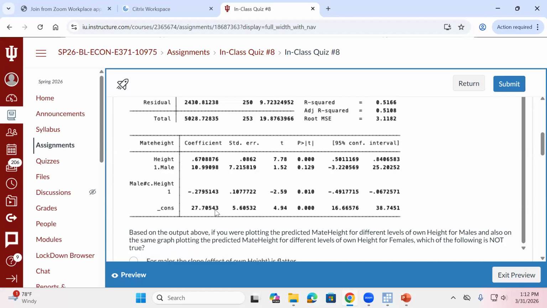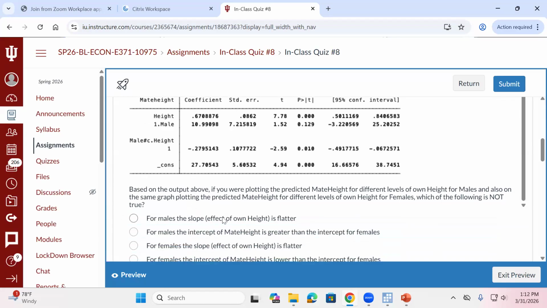Okay. So what are the kind of options we have here? For males, we said the effect of their own height is going to be flat. That's what we just said, right? The intercept for mate height is greater for females. Well, no, that's actually where we said the male's starting point was a little bit higher, right? And then for females, the slope is going to be flatter.